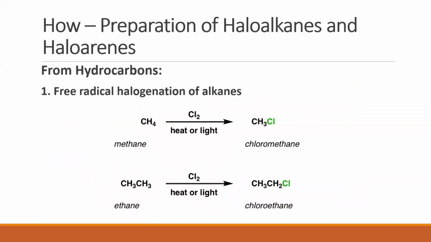The second method is starting from hydrocarbons. Hydrocarbons are the starting compounds. Now, this was the homework that I gave you in the previous class. Free radical halogenation of alkanes. This is something that we studied in our first year. We studied this under the reactions of alkanes.